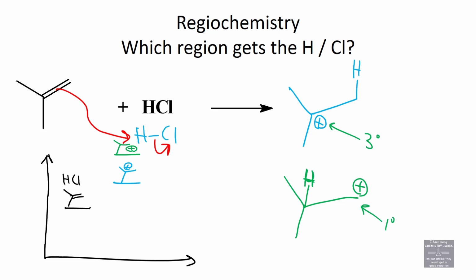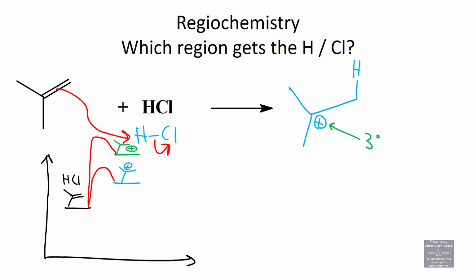Lower energy is going to lead to a lower activation barrier to get to the blue than to the green. Lower activation barrier means happens faster. So, in summation, the blue carbocation is the carbocation that forms, not the green. We'll erase that one.